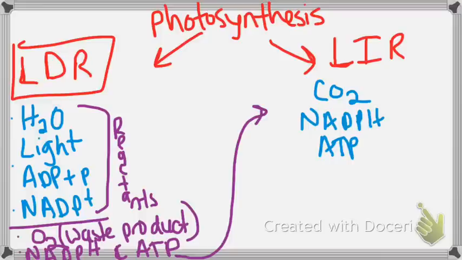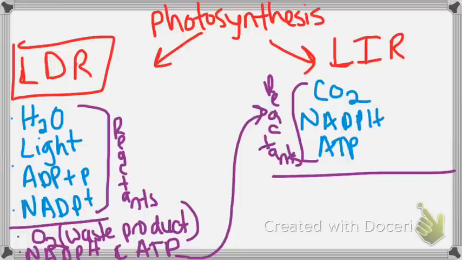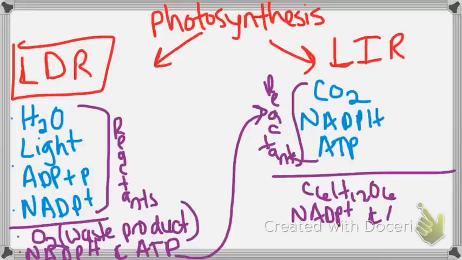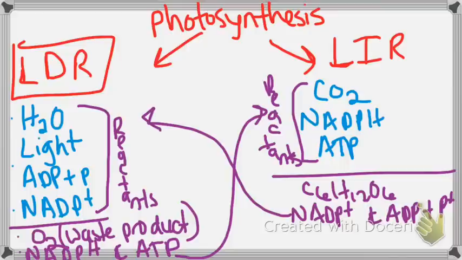And we're going to use these reactants to produce C6H12O6, which is our glucose, and we're also going to end up producing NADP plus and ADP plus a phosphate, which these two will go back over here and become reactants in our light-dependent reactions. So these are going to kind of cycle back and forth as they get used.